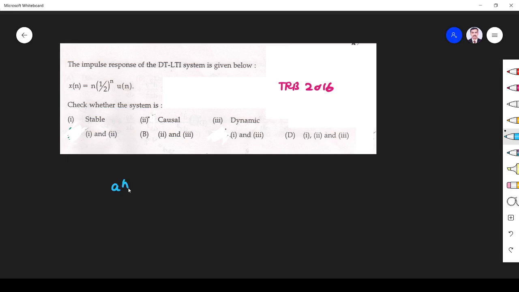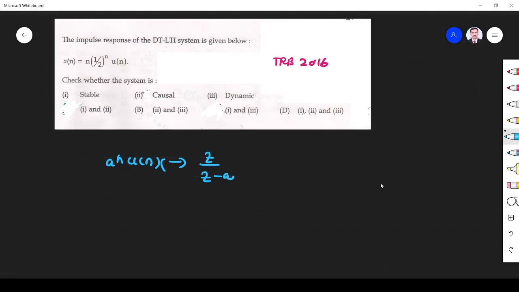A power n u of n is equal to z by z minus a. Suppose it is n into a power n u of n, it will become minus z into d by dz of X of z, where this is my x of n.